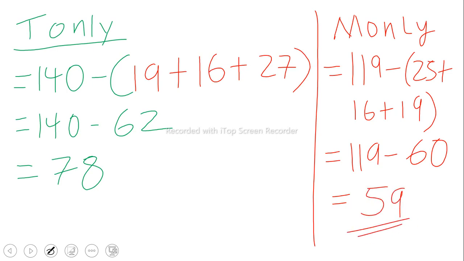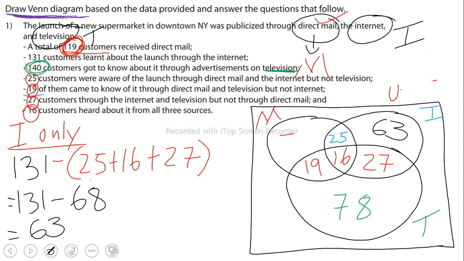So M only is going to be equal to 119 minus 60, which is 59. So we're going to put 59 right here. Now we're good. Now we have completed the Venn diagram.